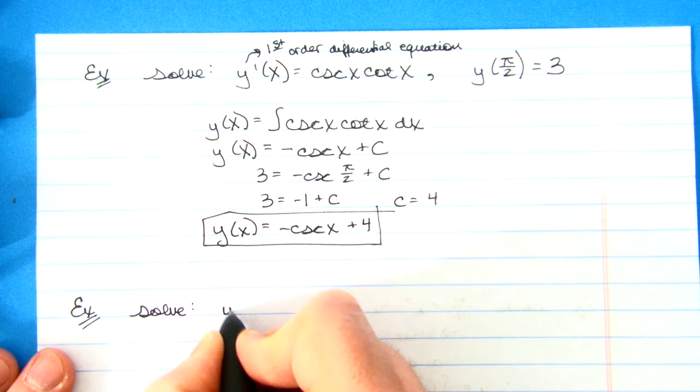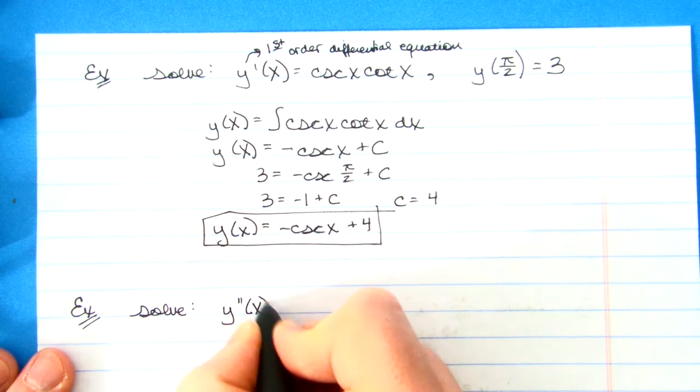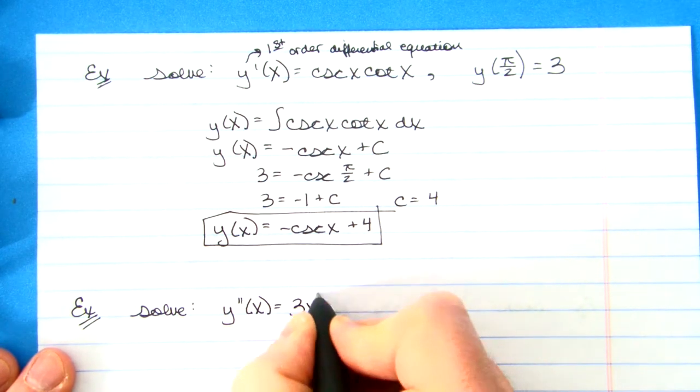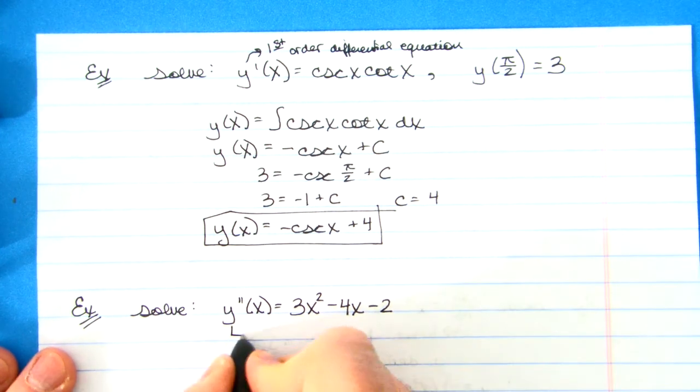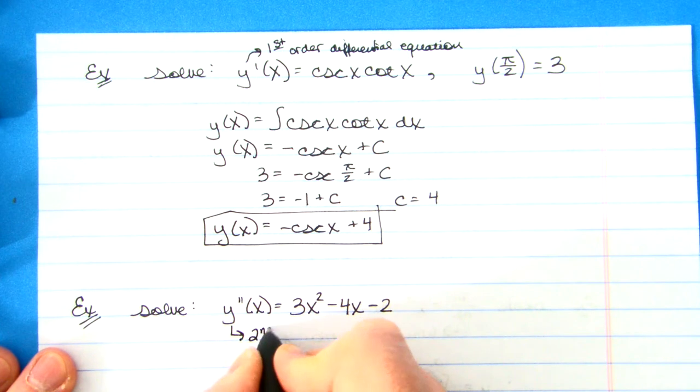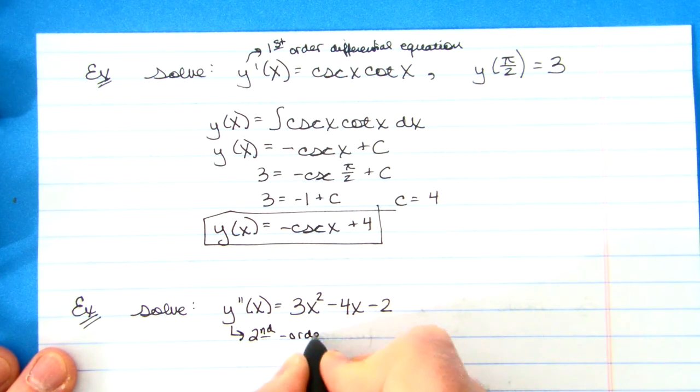We're now going to look at a second-order differential equation. We're going to solve the differential equation y double prime of x equals 3x squared minus 4x minus 2. And I'm going to call this a second-order differential equation.